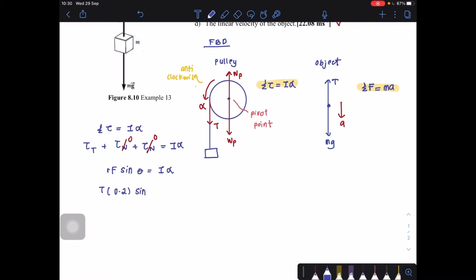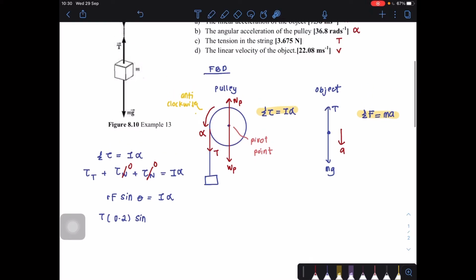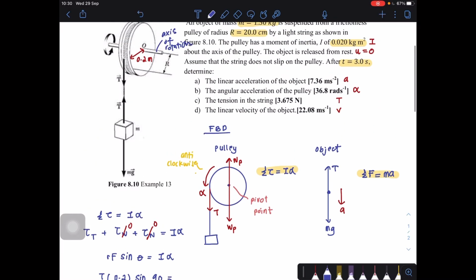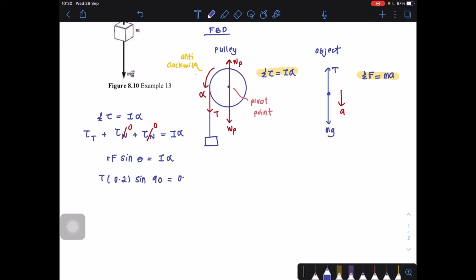And then sin theta, angle dekat sini adalah 90 degree. And then moment of inertia, this one we are given 0.02. And then alpha we don't have, we need to calculate this one.